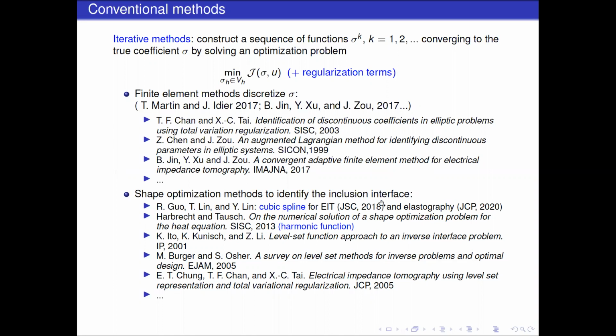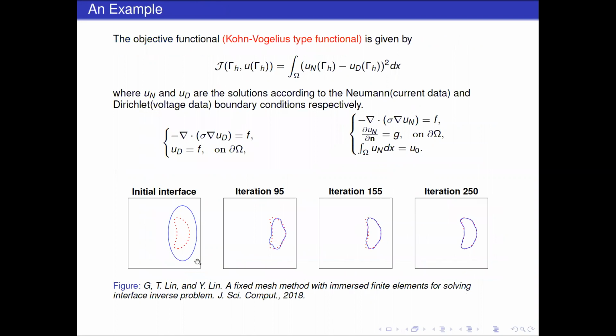the interface. Actually, I had one work with my PhD thesis advisor, Professor Towning, on this topic. We use the convolutional type functional for reconstruction, and we can see the numerical interface will eventually approach the target interface.